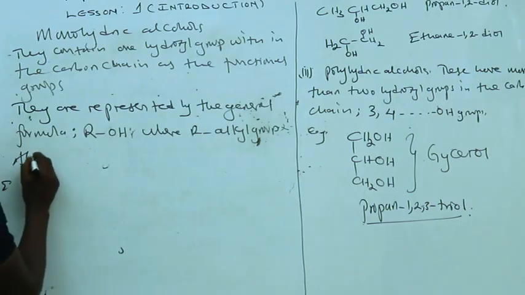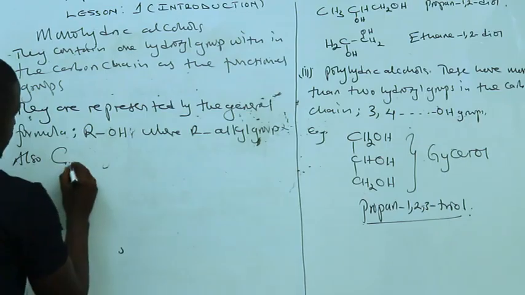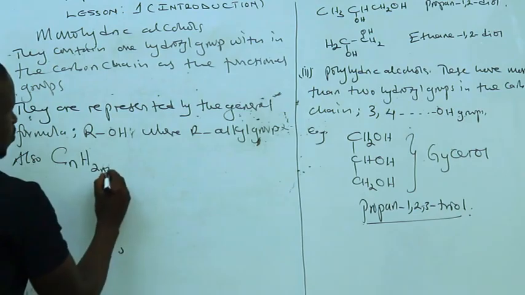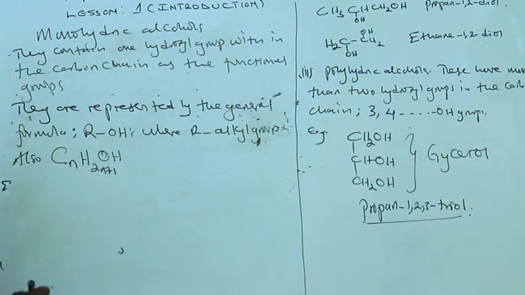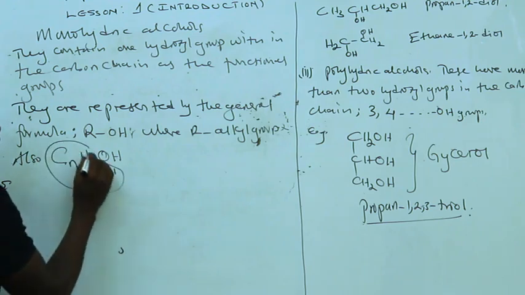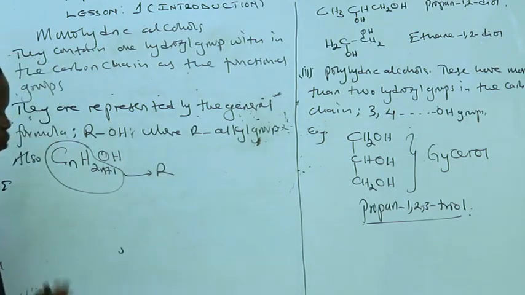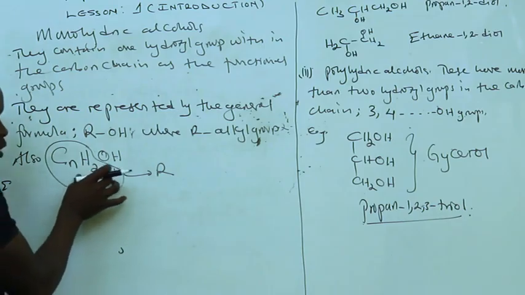Also, we can represent them by the general formula CnH2n plus 1 with an OH, where this whole group is an equivalent of the alkyl group. So this formula can be applied, and this is more applicable when it comes to calculations.